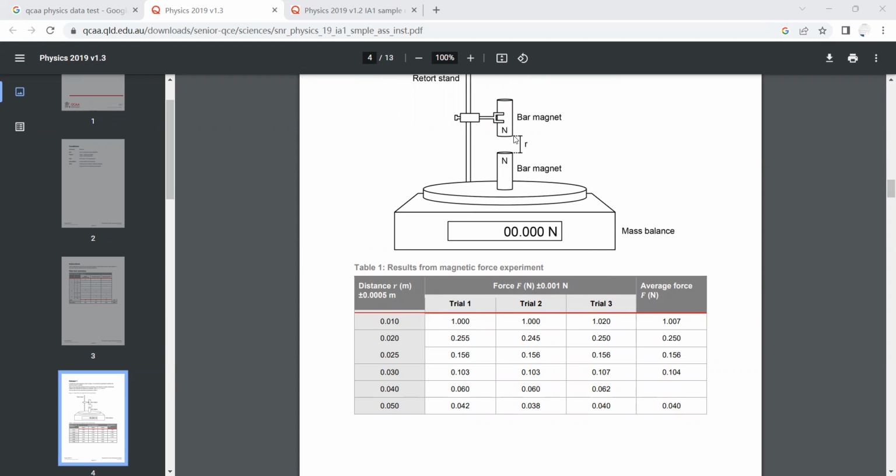As the distance r increases, the force between the two magnets will reduce, therefore this force will reduce as well. So it's possible to obtain this force from the reading there.